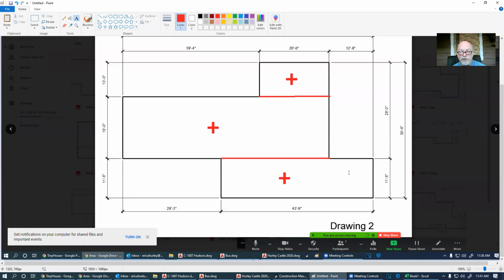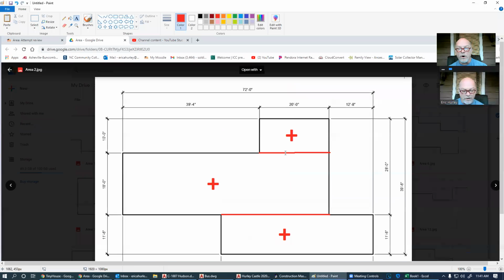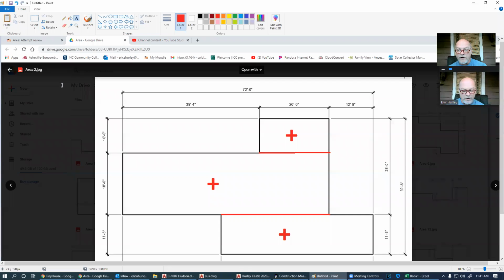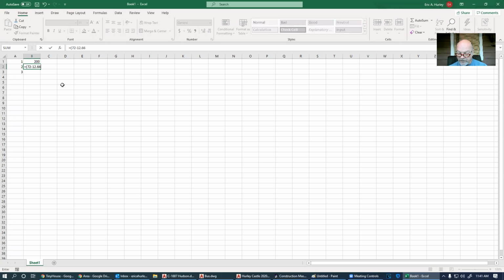And then for number 2, I've got to do a little bit of addition here, so I had 72. I can say equals, and I'm going to put this in parentheses, 72 less 12'8", 12.66667, close parentheses, times 18. And then I've got that one.